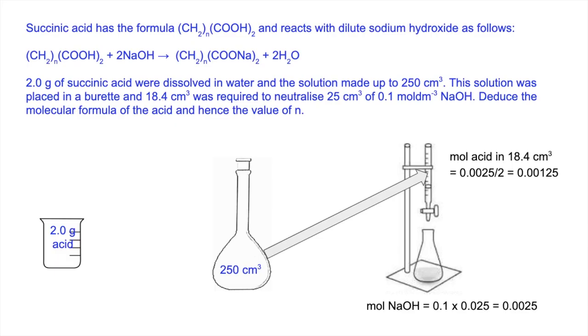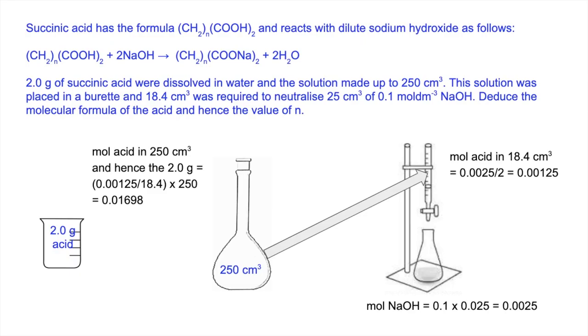We know the moles in 18.4, so if we divide by 18.4 and then multiply by 250, we'll get the moles in the 250. So the moles of acid in 250, and also the 2 grams, remember it's dissolved in here and then just poured into there, is 0.00125 divided by 18.4 times 250, which is 0.01698.